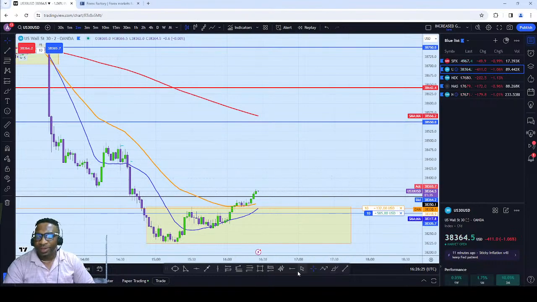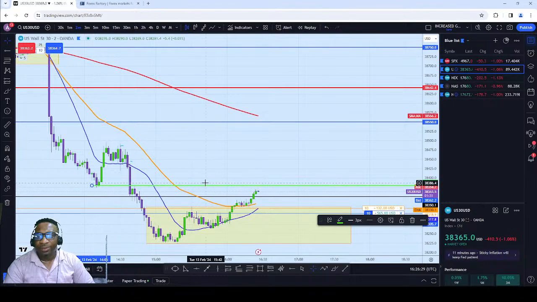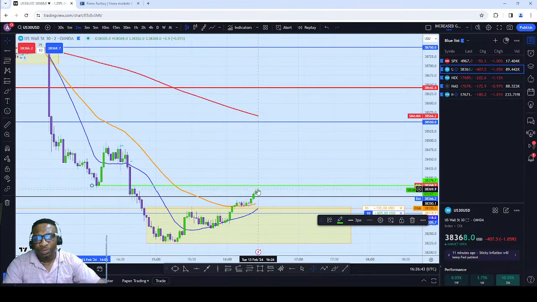Let me put a ray there. This is an area where price got there and stopped. Price went up, came below the area, pushed up, and then stopped at this level before it dropped here. So there's a high chance that price will have some issues just crossing through like that.